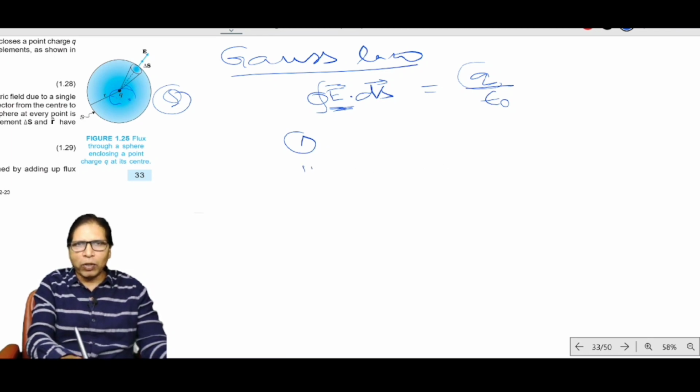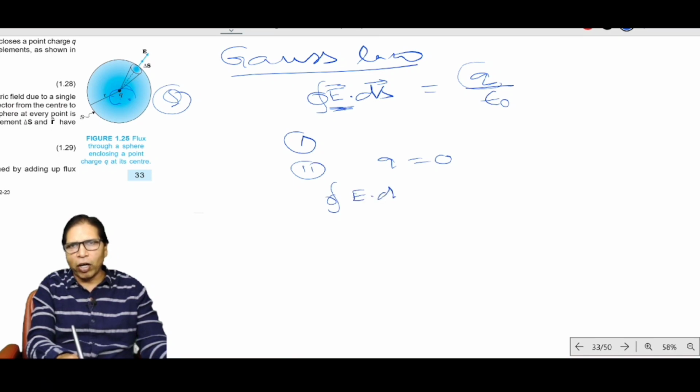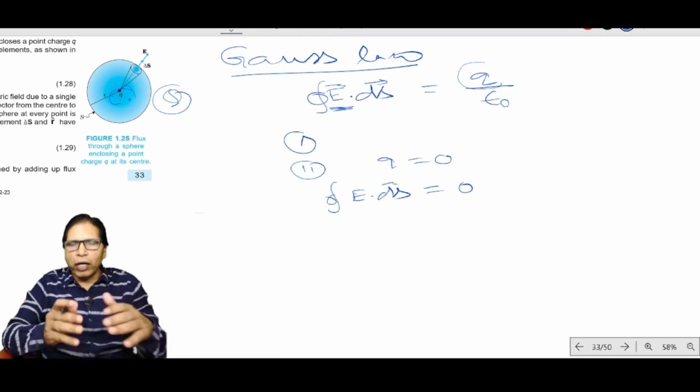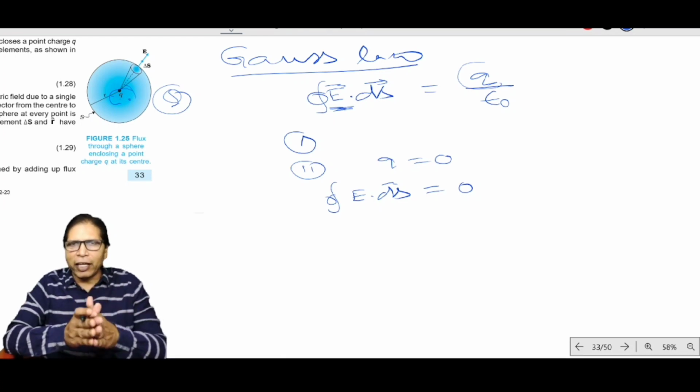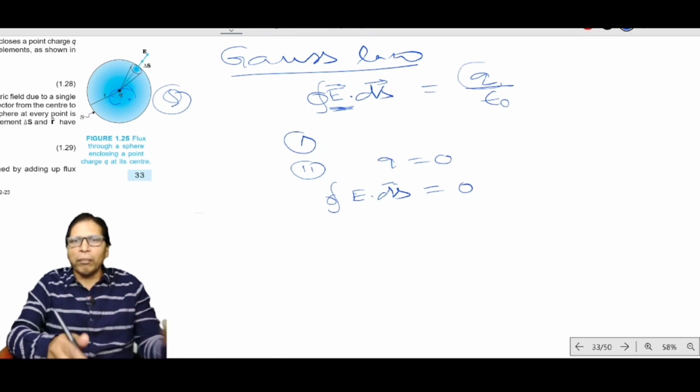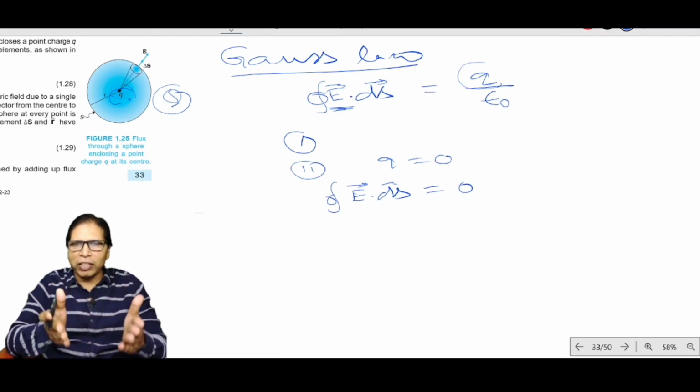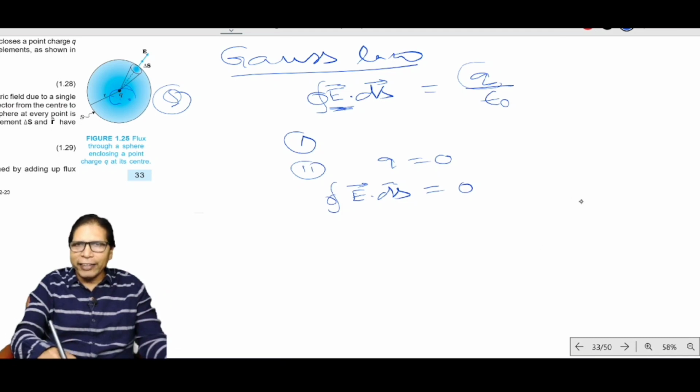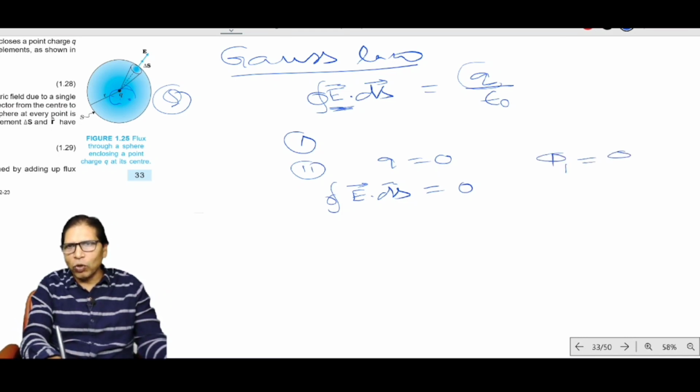Number 2, if q equals 0, then the integral of E vector dot dS vector equals 0. Here the E vector may not be 0, because the E vector may be parallel to the surface dS. In this case, the inward flux is equal to the outward flux.